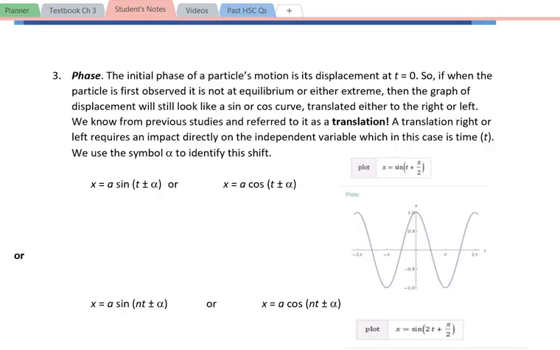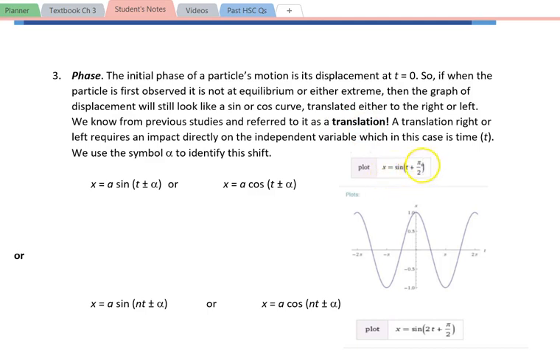The concept of a phase is just stating that the particle doesn't start at equilibrium or either maximum or minimum amplitude. So we need to introduce now the alpha. You've seen the introduction of alpha into functions before. Probably didn't call it alpha, but you know that it results in a translation, a slight sliding right or left of the curve.